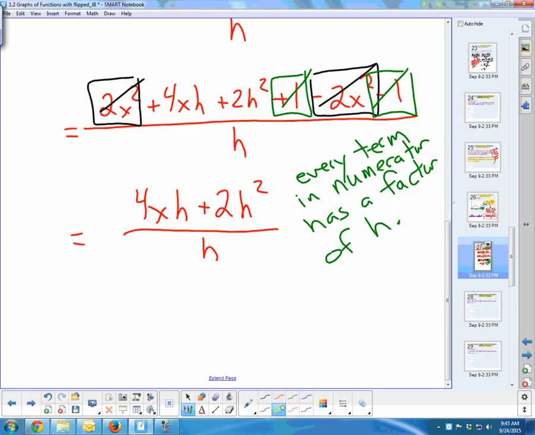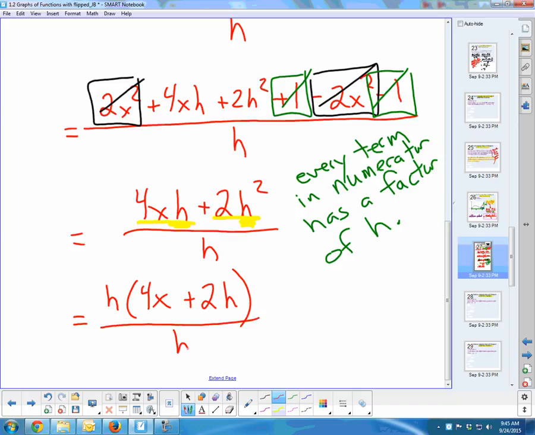I see that my first term, 4xh, has an h, and my other term, 2h squared, has an h. What that allows me to do is factor an h out of the terms. So it'd be h times 4x plus 2h all over h.